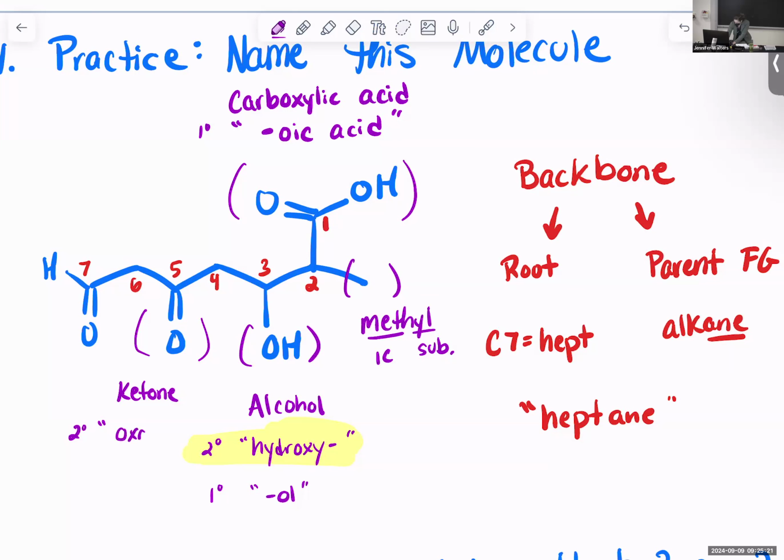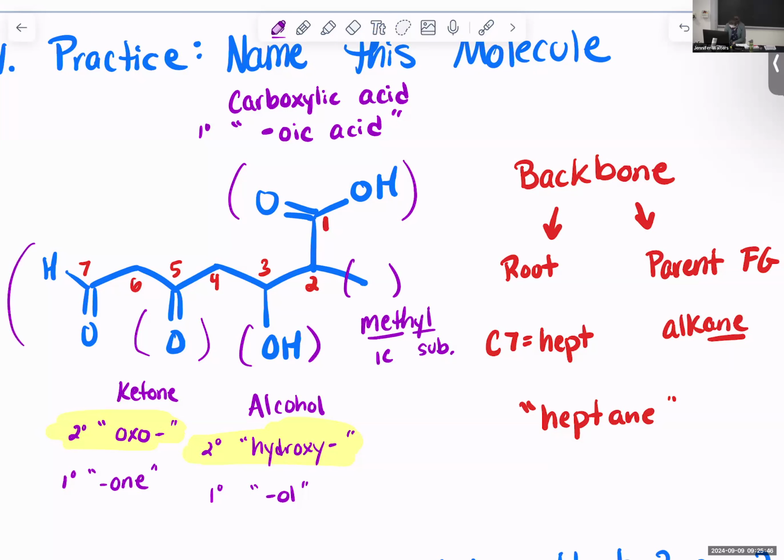Oxo, good. If it's a primary, then what do we use? One, yeah. You just take the end of it. One. And again, we can only have one primary, so we're taking that oxo for the ketone.